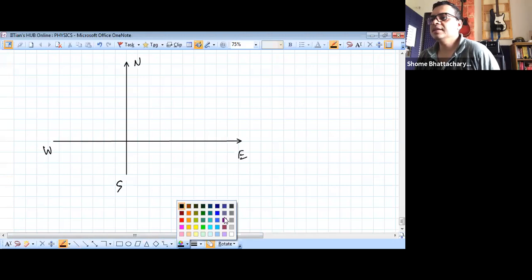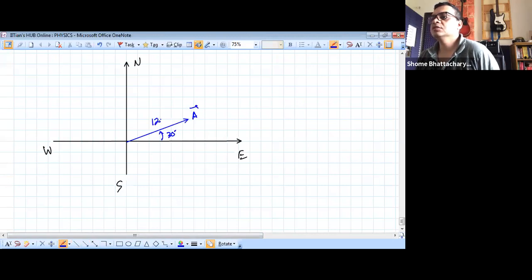So in this diagram, my vector A will be like this. It is at 30 degrees north of east and its magnitude is 120 meters.